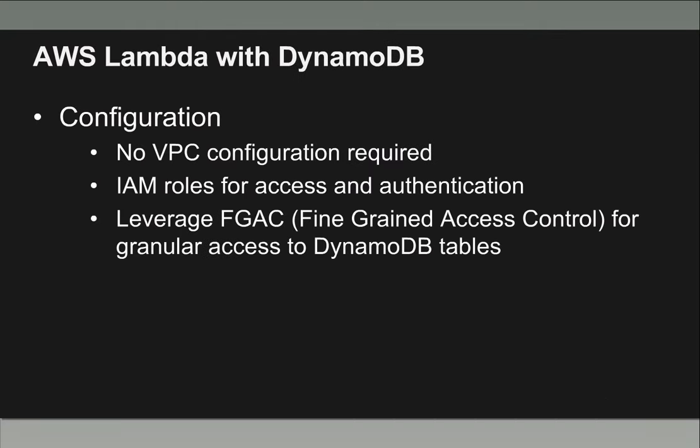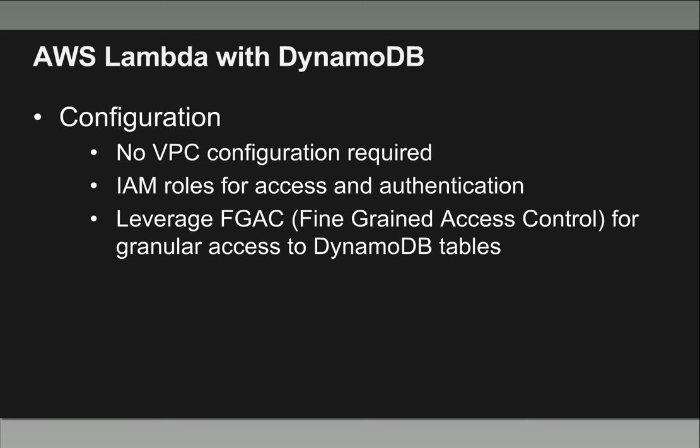So how does AWS Lambda integrate with DynamoDB? One of the obvious benefits here is that there's no VPC configuration required, because it's serverless. However, you can configure your Lambda function in a certain way so you can have access to VPC resources.